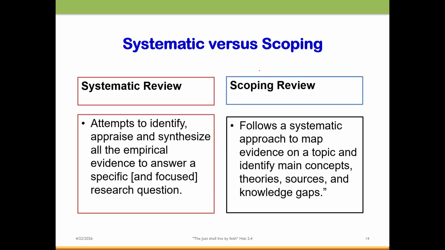So a systematic review is very focused. The difference between systematic and scoping is just the focus. A systematic review is very specific to a given aspect. For example, you want to understand the effect of a given intervention on neonatal outcomes.